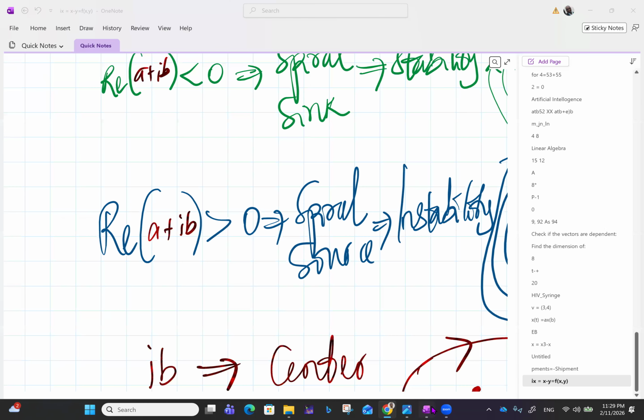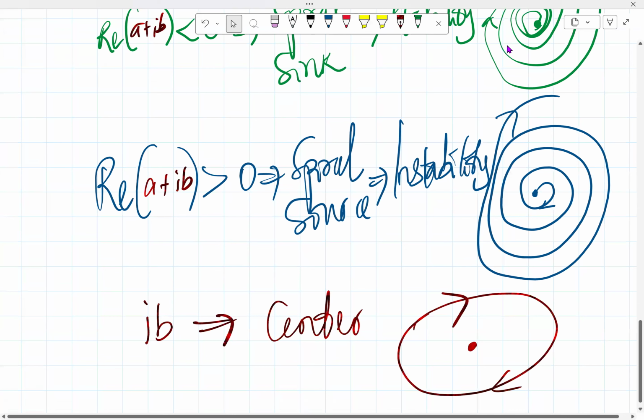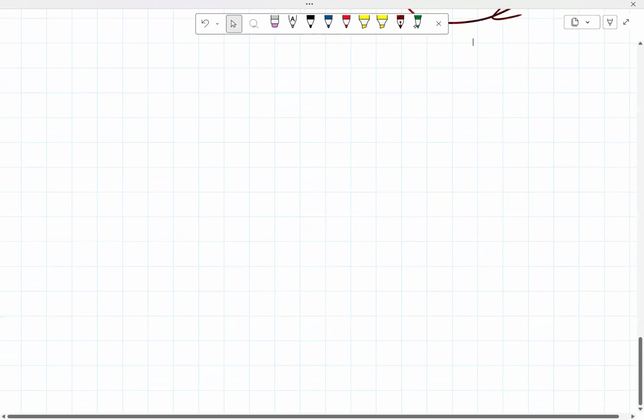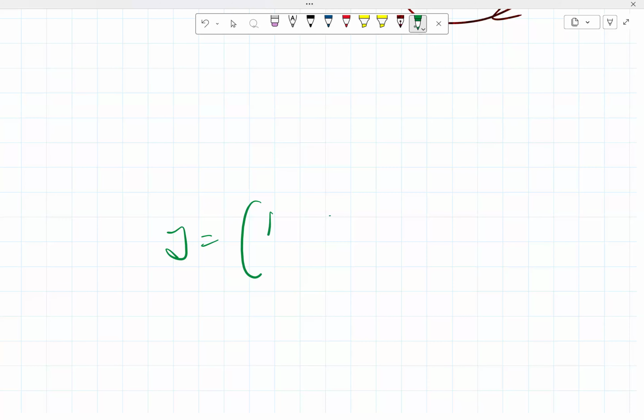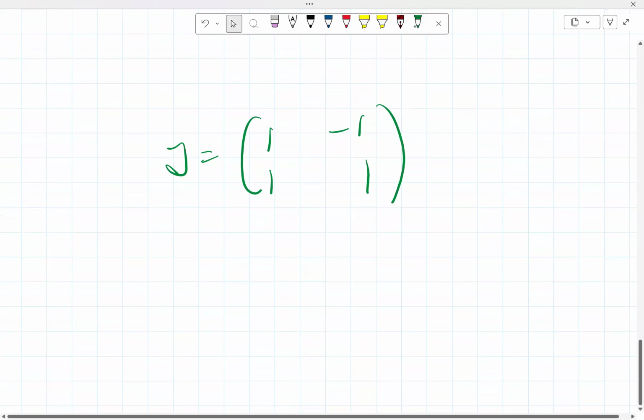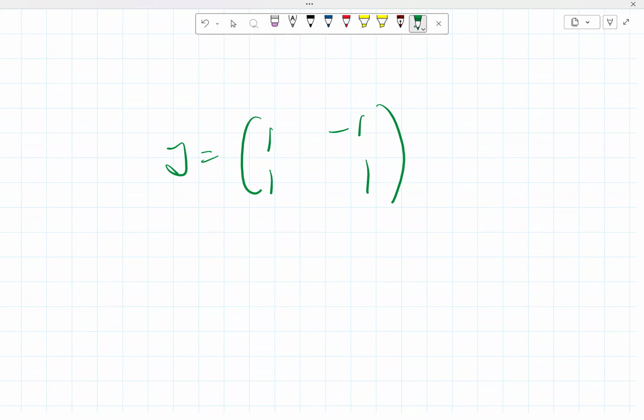So the Jacobian is 1, minus 1, 1, 1. We need to find the eigenvalues.